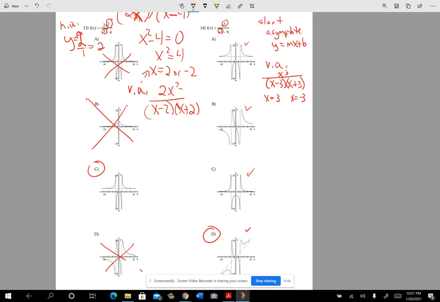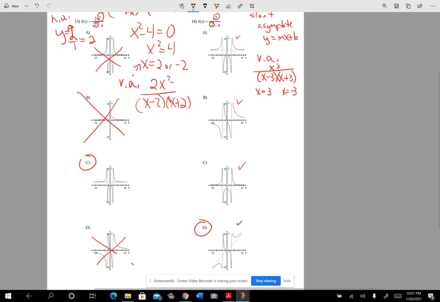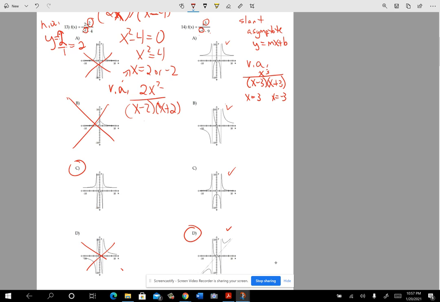All right, and then you always can do things like if you plug in 0, you'd have 0 on top and negative 9 on the bottom, right? So if you plug in 0 for the top and bottom, you're going to get 0 over negative 9, which is 0. So it's got to cross at 0, 0.